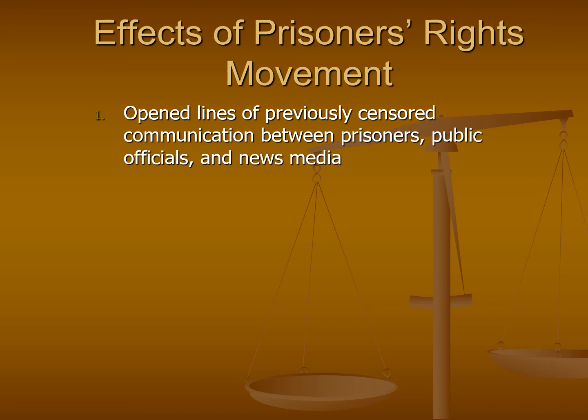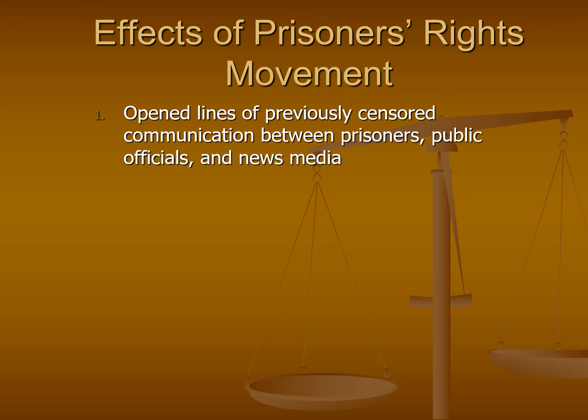Courts wouldn't speak up or protect the rights of inmates who wanted to communicate with attorneys, share their story with the news media, tell their stories to their elected officials, or get access to certain types of reading material.